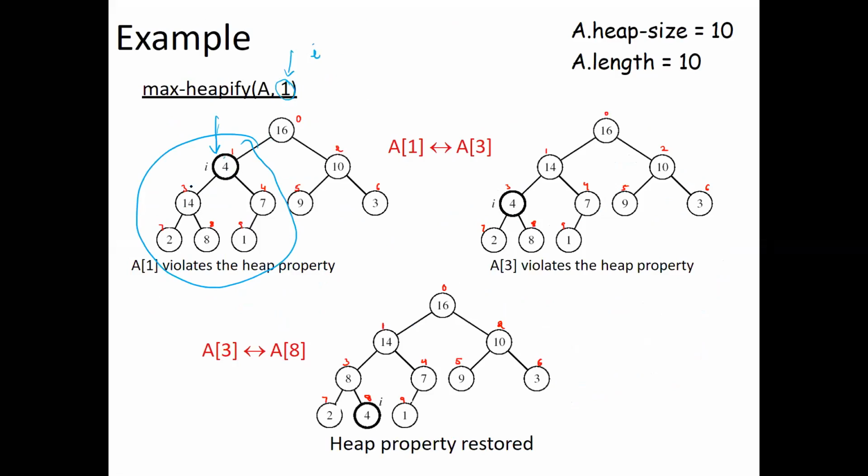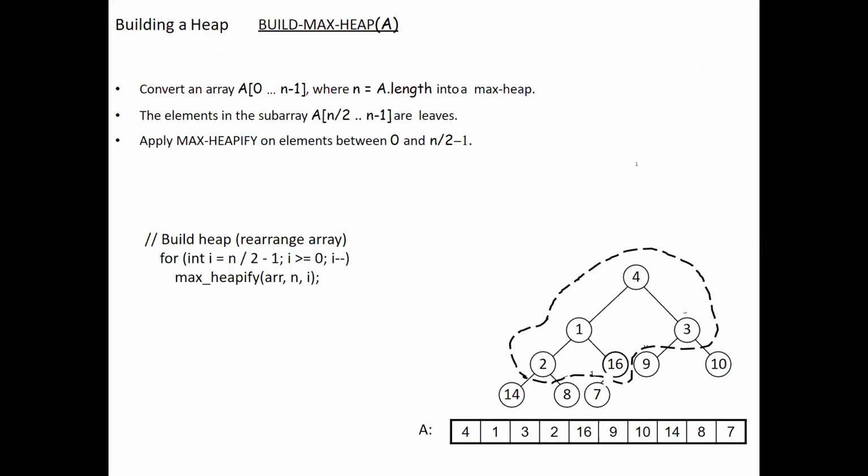You will swap A1 with A3 because it's the largest element out of the two children. So A1 and A3 are swapped. Now again you will call max heapify at index 3 because now 3 is violating the property. Then A3 and A8 will be swapped. 8 will come here, 4 will come in here, and so on.